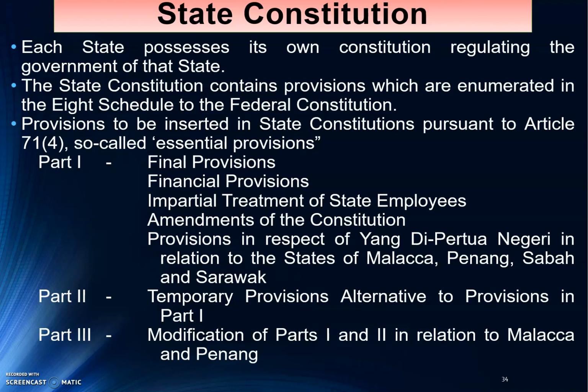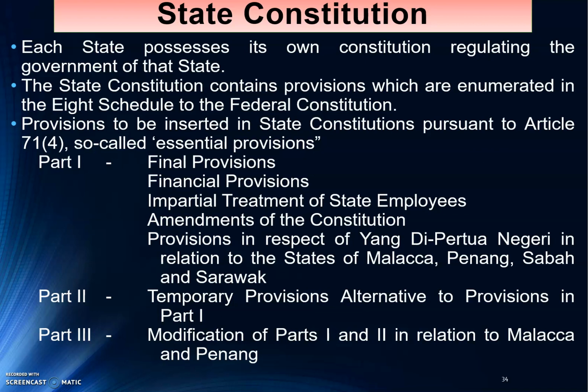Now, under the 8th Schedule of the Federal Constitution, it provides for the provisions to be inserted in the state constitution. So, what are those provisions? Okay, basically they have 3 parts.